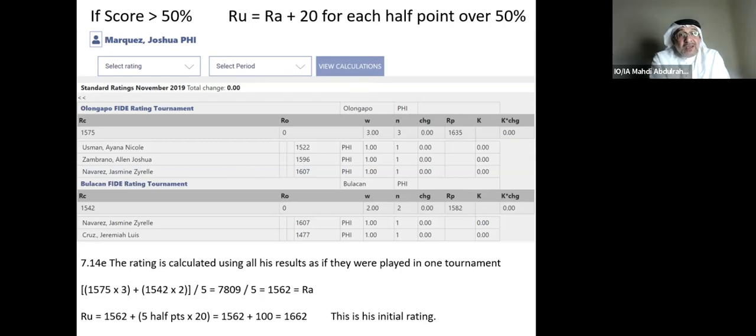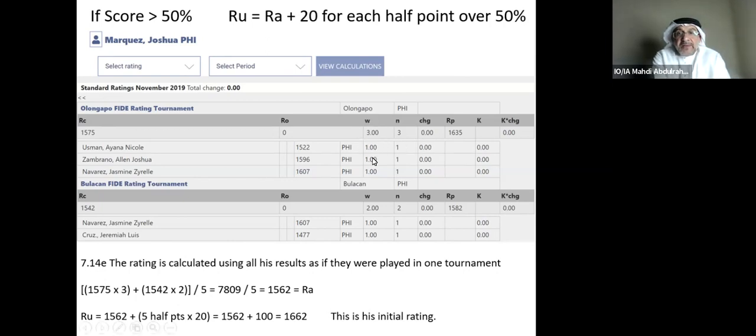No, he cannot. Why? Because he has to play against 5 rated players. Here in the first tournament, he played with 3 only. Then we go to the second tournament. He played with 2 only, rated opponents. So 2 plus 3 now became 5 players. Okay, let's check. The first player, Osman, he won.